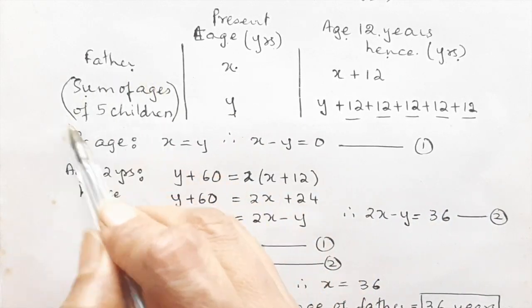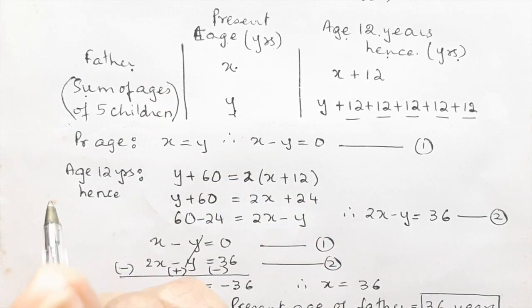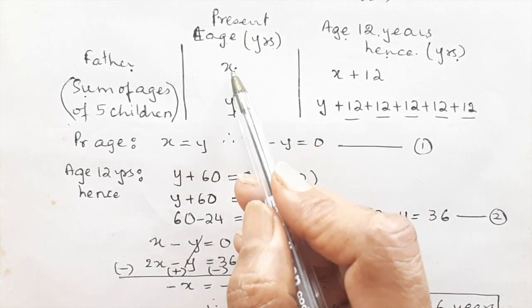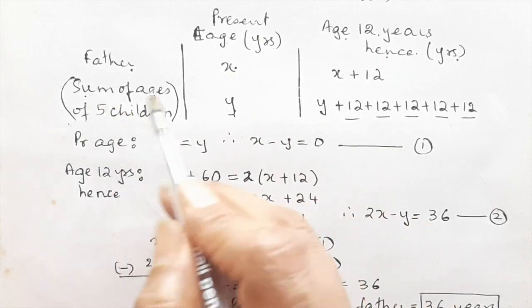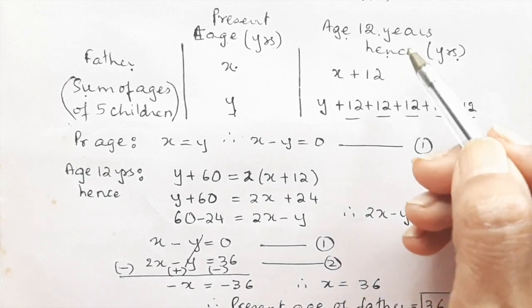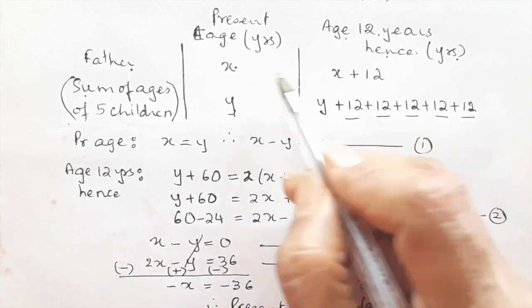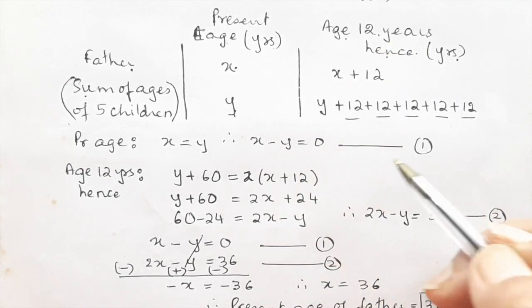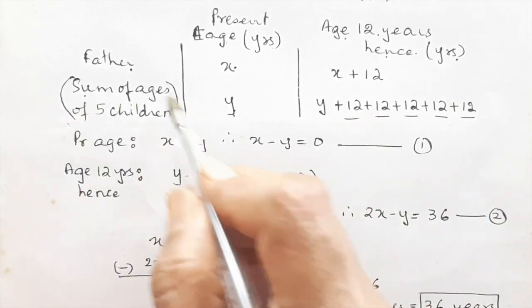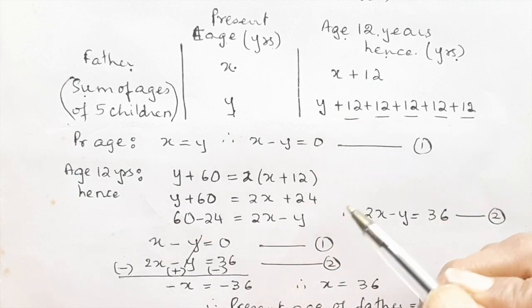Now remember, this is taken as one quantity, okay? So father's present age, let it be X years. Sum of ages of 5 children, let it be y. Now 12 years hence, father obviously will increase by 12 years. But the children, the sum of 5 children will not be y plus 12.